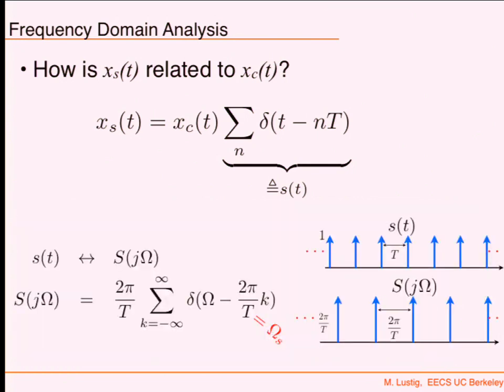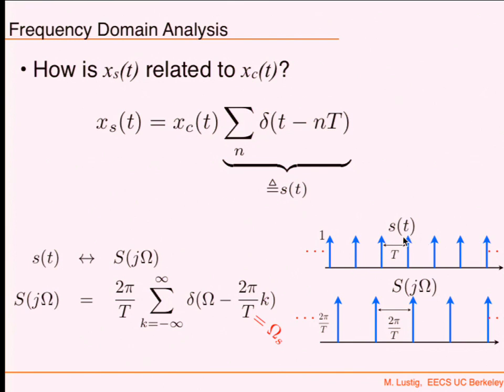Okay, so how are they related? S of t, which is the impulse train, has a Fourier transform. If s of t has amplitude 1 delta functions separated by capital T, that's the sampling period.